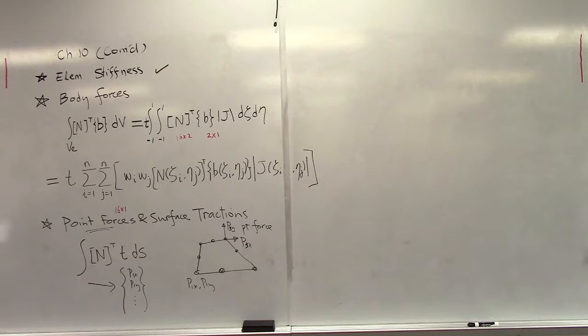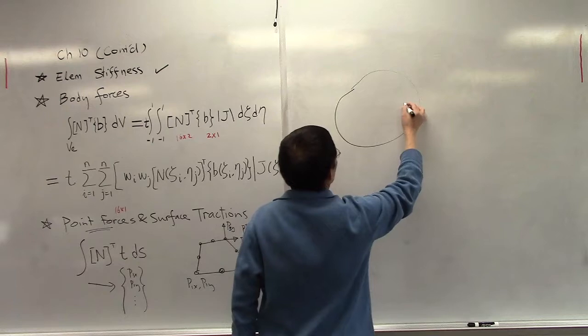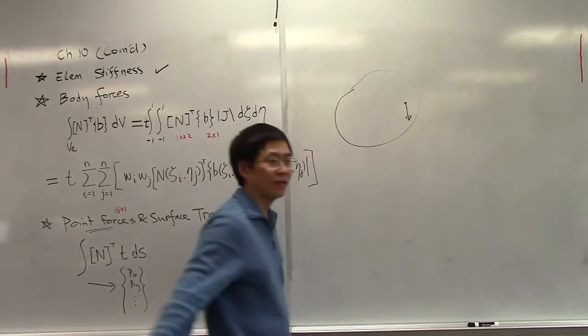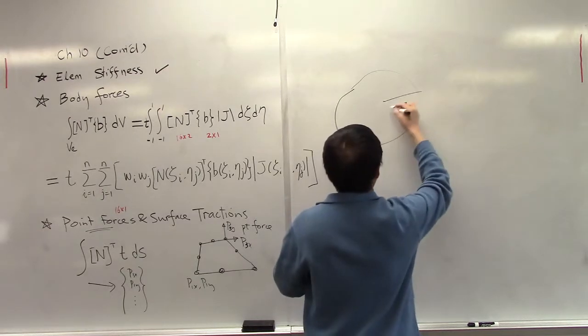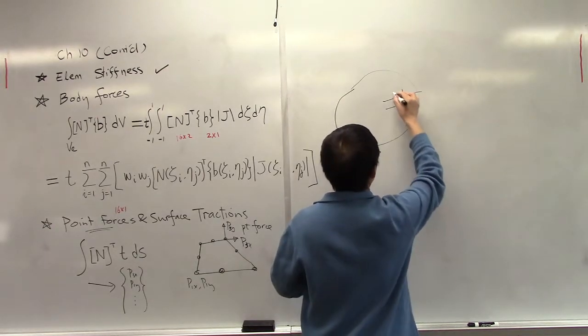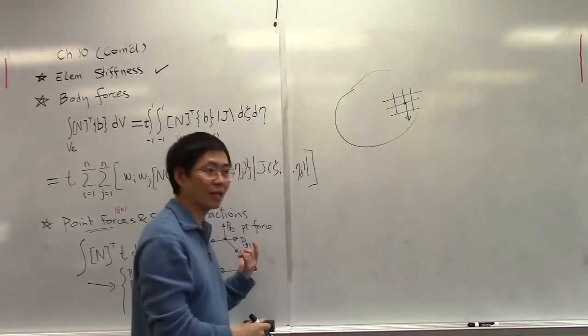And that also means when you mesh the element, you better put a node at the location where there are point forces. Let's say if this is your body, there is one point force applying here. It's best to mesh it so that this will be one of the nodes, so you can directly apply that.